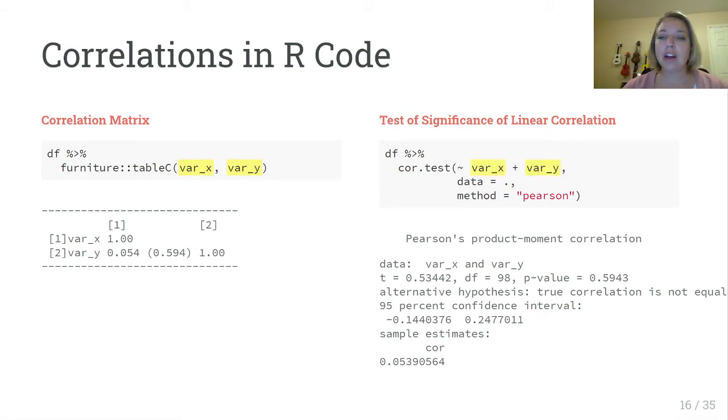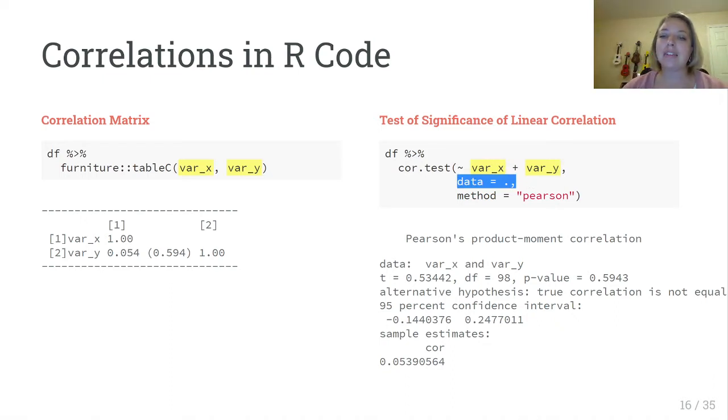For correlation, our two variable names show up on the same side of the tilde because for x and y, it doesn't matter which variable is which. So the order of your variables does not matter, and we want them on the same side of the tilde. So we're going to do cor.test, and the formula is going to be nothing, tilde, and then our variable names added together. And just like the t.test, we are going to tell it the data that's coming from above.